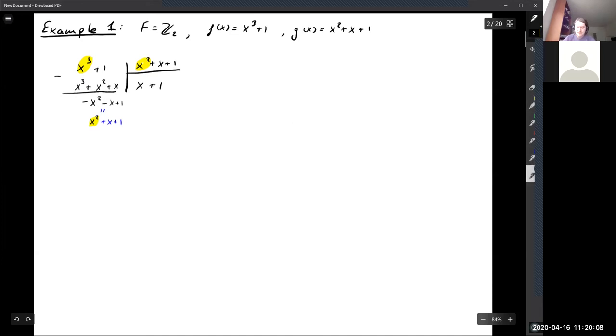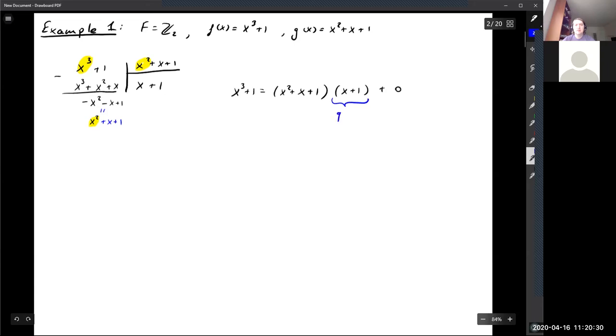So as a result, we obtain that x cubed plus 1 can be written as x squared plus x plus 1 multiplied by the quotient, which is x plus 1, plus the remainder, which in this case is 0.